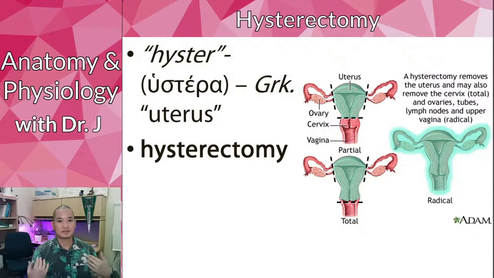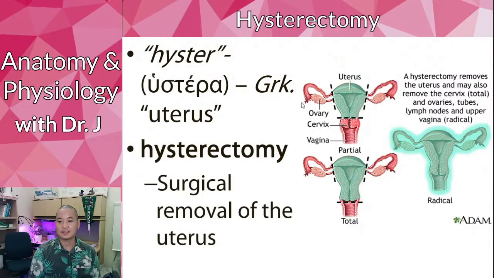Well, that's when we have menopause. And all the symptoms associated with menopause are largely contributed by the drop in hormones. So this is why a woman might elect to keep the ovaries if she's still ovulating and of that age. So hysterectomy is a surgical removal of the uterus.